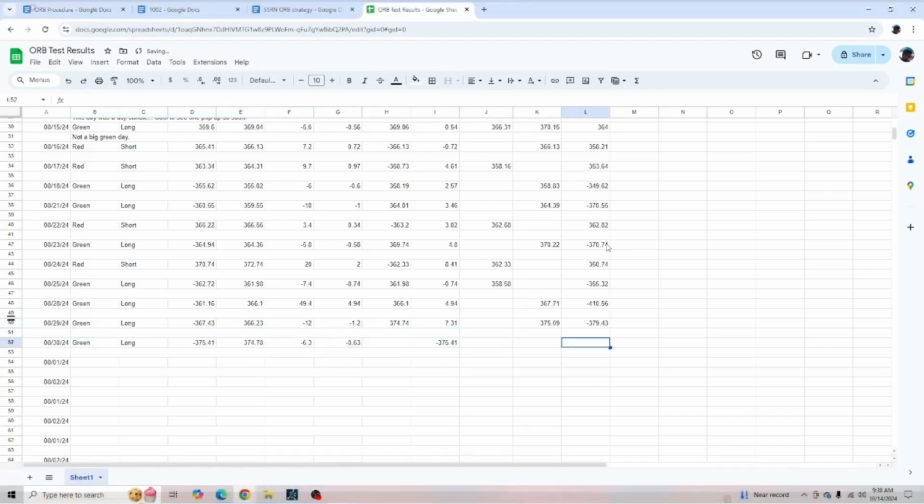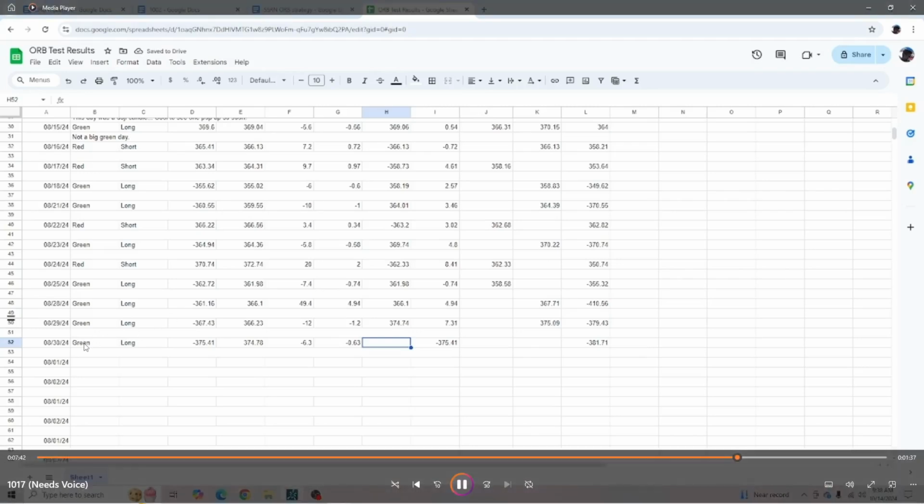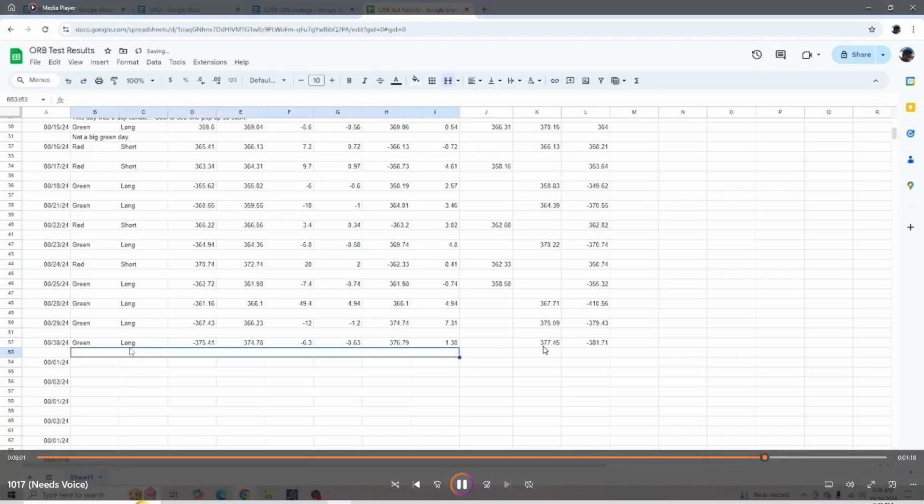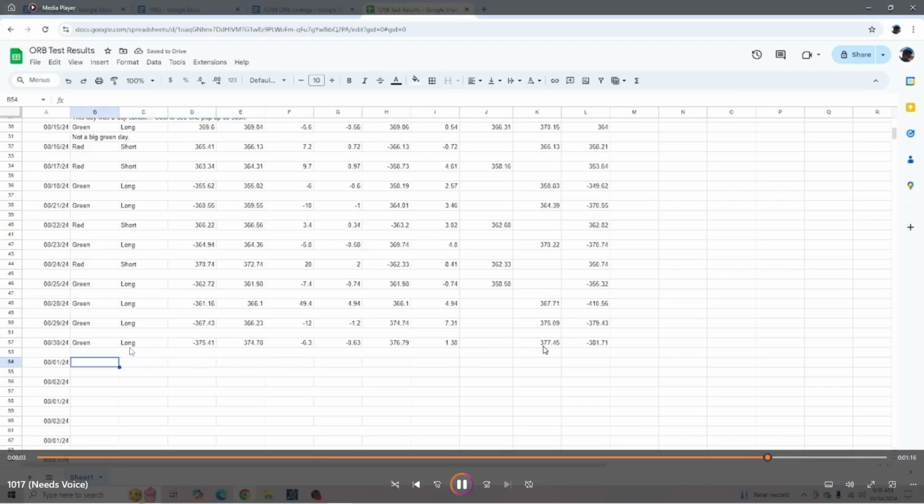Once you understand the premise of the trade, and I think that this lines out the premise of the trade fairly well, based off of the first two candles of the day on a 5-minute time frame, if it's green, you're going to go long, okay?